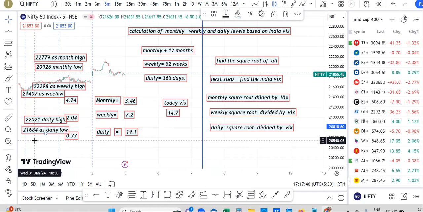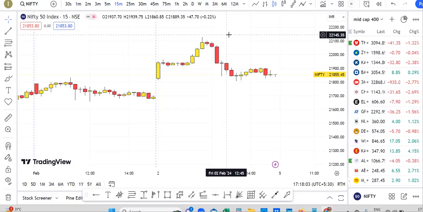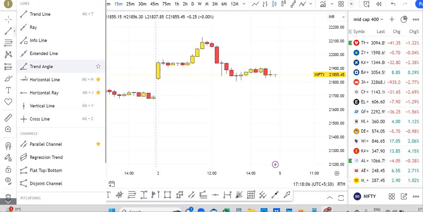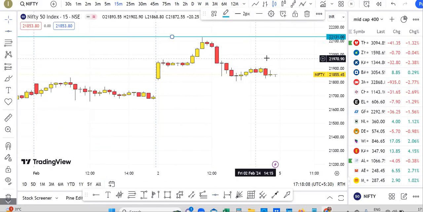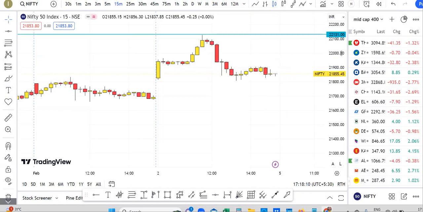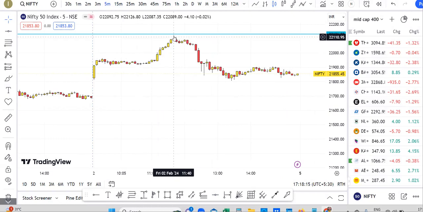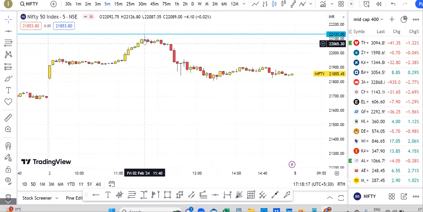So based on this is how you need to calculate the monthly levels, weekly ranges, and daily ranges. Actually, what happened today in trading, based on the India VIX, it hit the weekly level of 22,139, based on the previous day's weekly. You can see a rejection candle over here. In a 5 minute time frame, it was a shooting star. So pin bar rejection failed.